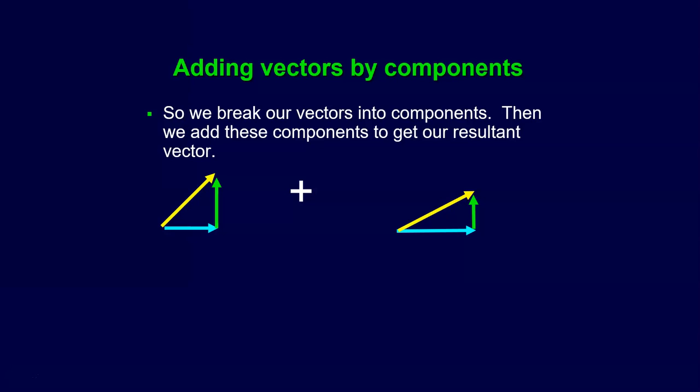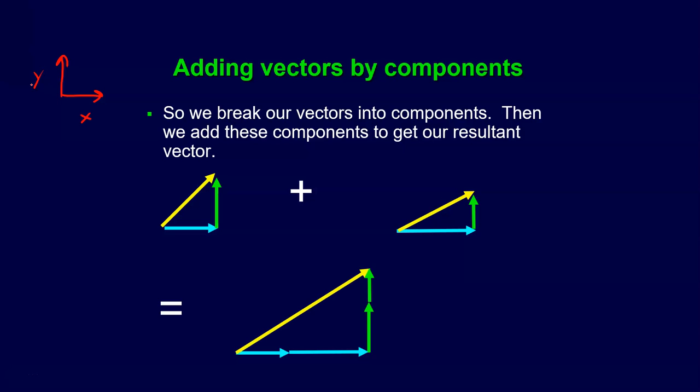What I'm doing is breaking them into parts that are parallel with each other. Then, to get the grand total, I put the two blue ones, which you might want to call x components, together. Again, unless I say otherwise, I'm using this as my x and that as my y. Then I add together our two y components to find the new magnitude. That's what we're doing in a geometrical sense when we break those vectors down like that.